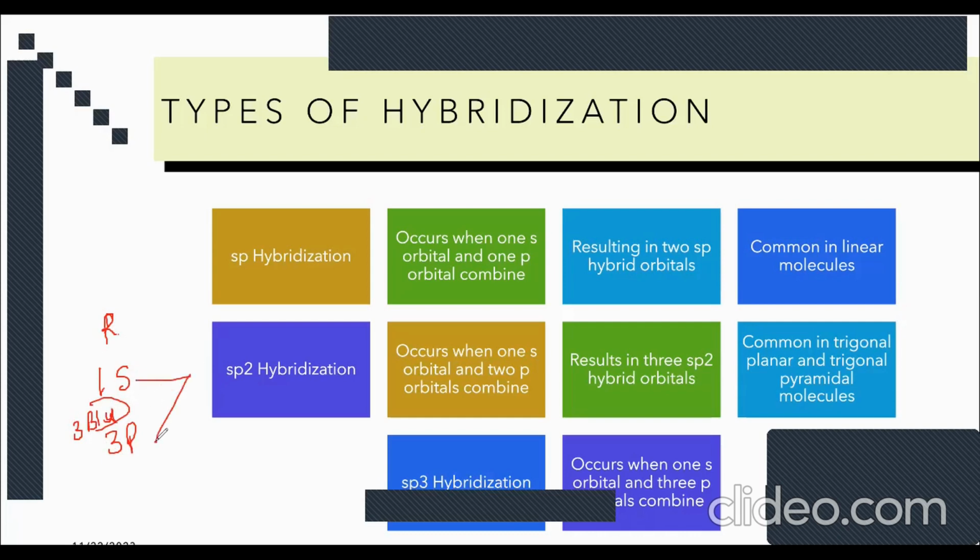I am mixing these two, 1s and 3p. So how many orbitals am I getting in total? Can you guess? 1s orbital and 3p orbitals combined, so how many do we get? Come on, think.